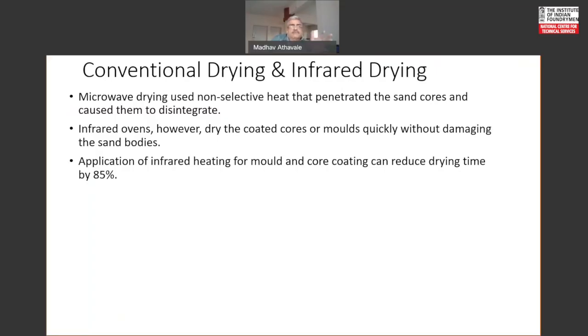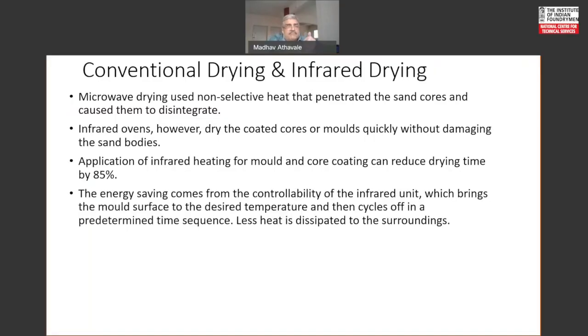Infrared ovens, they are very good. They will dry very quickly without damaging the sand. The drying times can be reduced by as much as 85% is what experience says. Energy saving comes from controllability of the infrared unit.